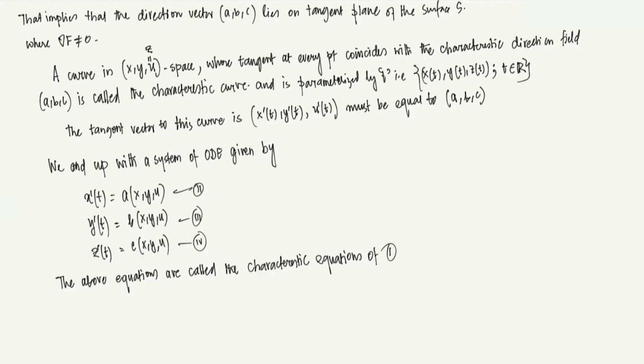Okay. So now I hope the idea is quite clear, right? Now maybe I can give you a small remark. Remark A. This geometric interpretation one can generalize for a higher order PDE.